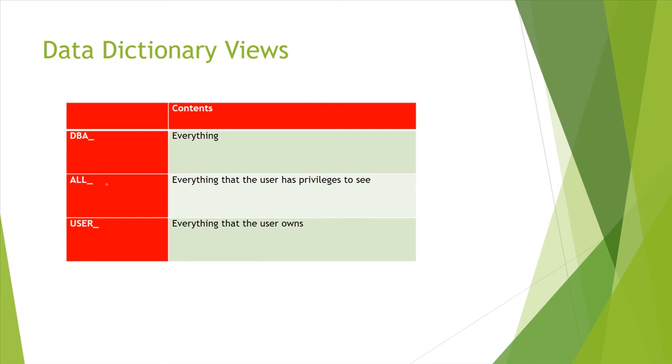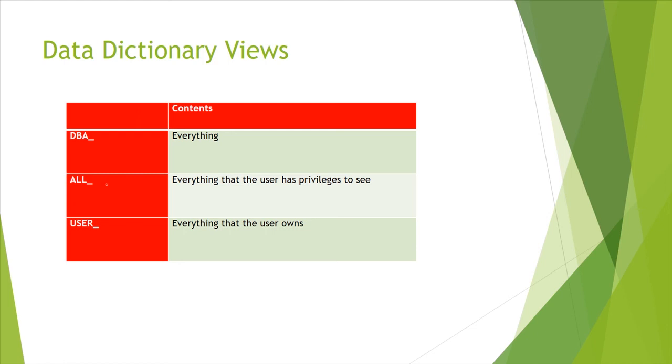USER_ shows everything that the user owns. ALL_ shows everything that the user has privilege to see. DBA_ shows everything. For example, there is a dictionary view called DBA_TABLES, another view called ALL_TABLES, and also USER_TABLES.